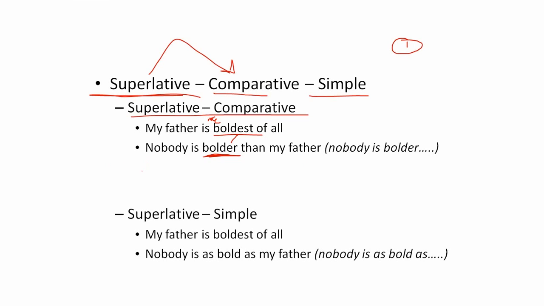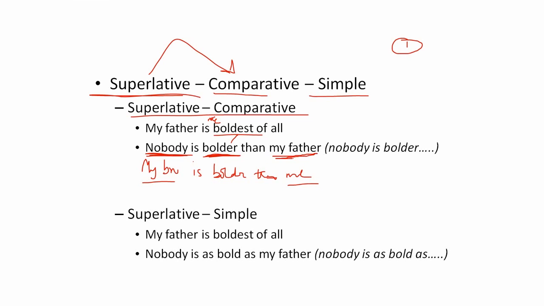Now look, this is very similar to my brother is bolder than me. Here this is the subject, this is the object. Now look at the same here. Instead of my brother, I have nobody as the subject.